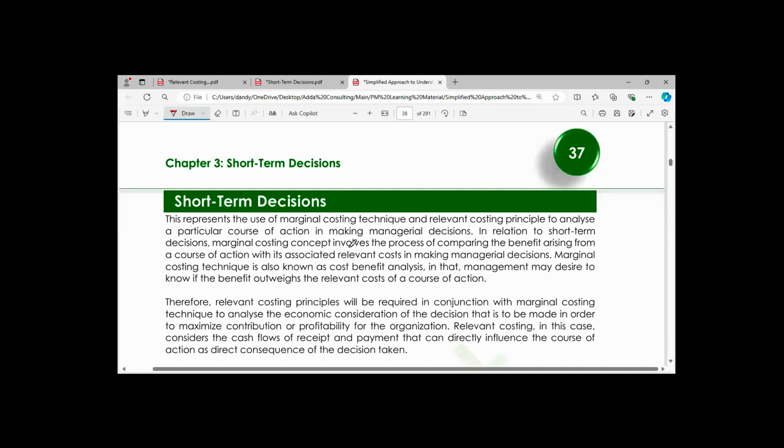For this purpose, you can say that marginal costing technique is a concept that is designed principally to compare the benefit arising from a course of action with its associated relevant cost in making managerial decision.